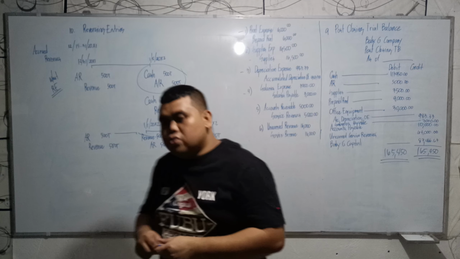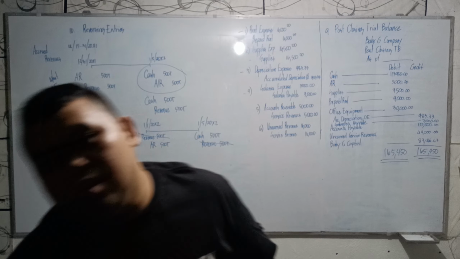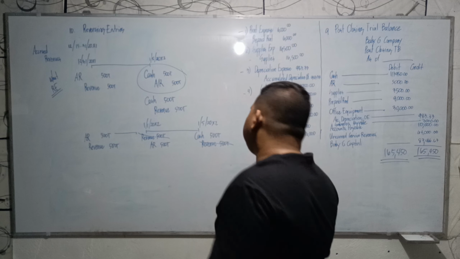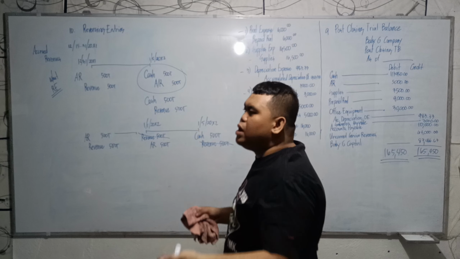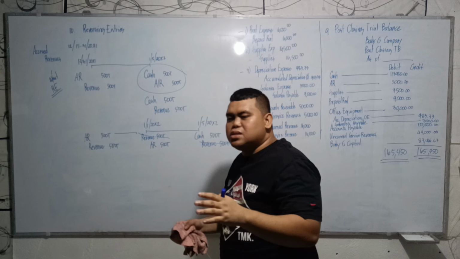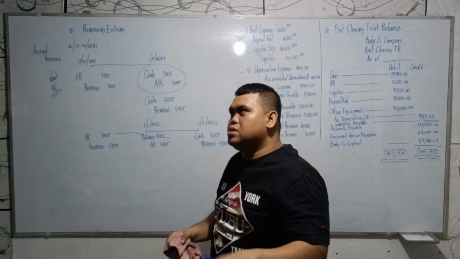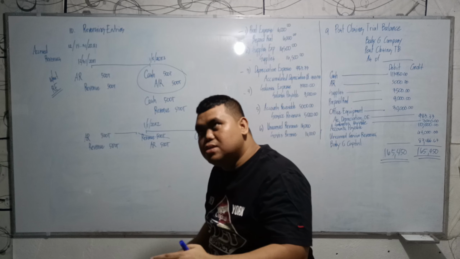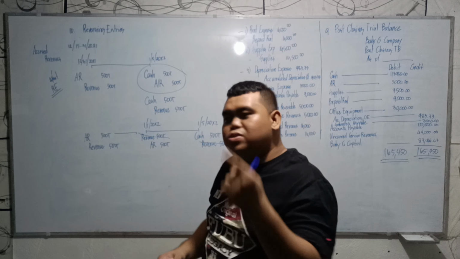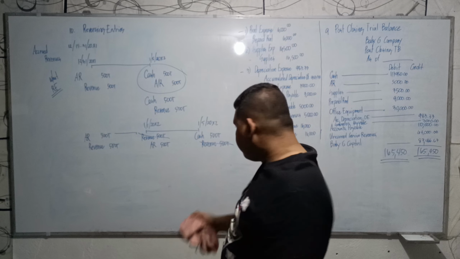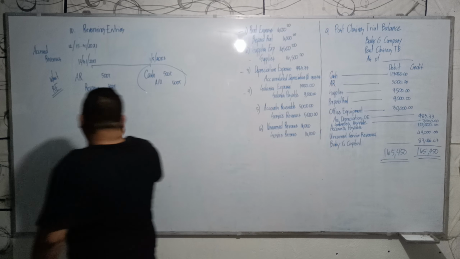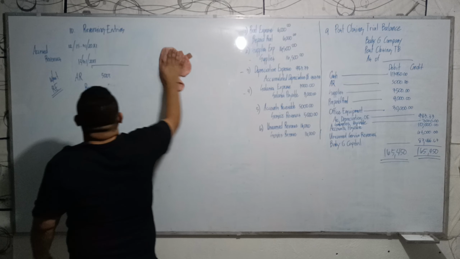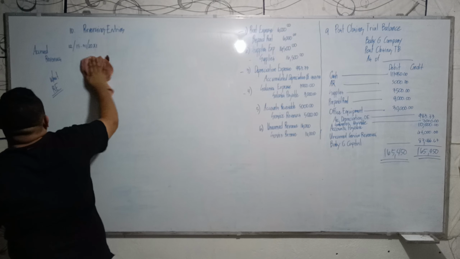Now, let's go to deferred expenses using expense method. Let's have a deeper understanding. Why is it necessary to have reversing entries when we're talking about adjustments for deferred expenses using expense method? Okay? So, first, let's have a review on the adjustment for deferred expenses.